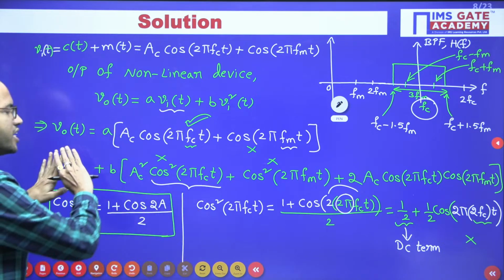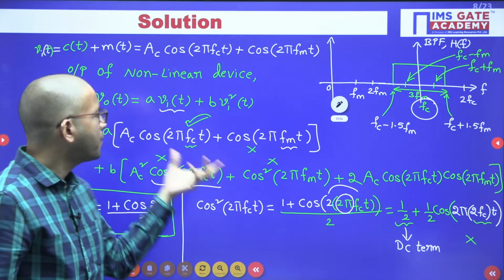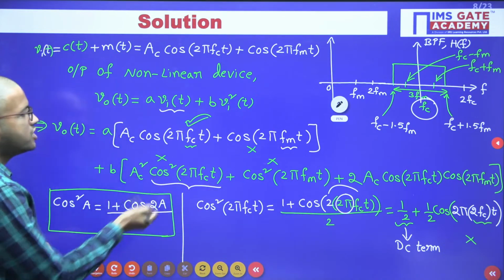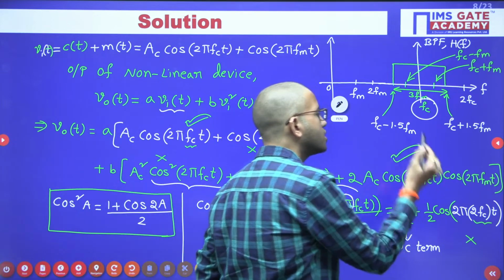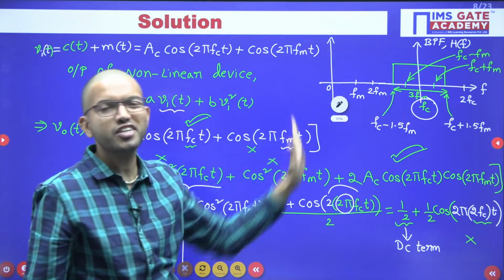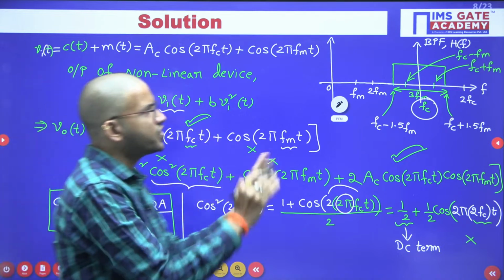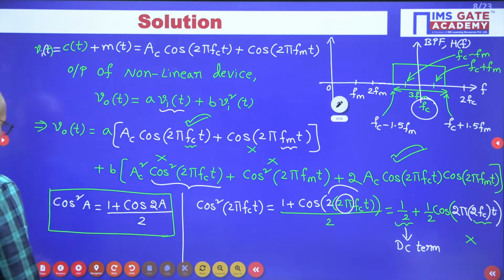So finally, this is the overall equation you have at the output of the nonlinear device. But among this entire equation, only the first term and the last term are passed by the band pass filter, so that you get the AM signal, right? So the AM signal you get at the output of the band pass filter, that equation I am now writing.